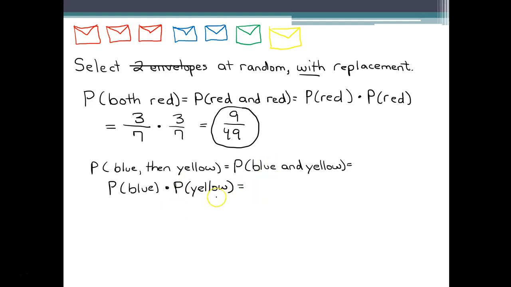So probability of blue is 2/7. There's 2 blue envelopes possible out of 7. And what we're going to assume is that you grab a blue and you go, oh cool, I got what I wanted. And then you say with replacement, put it back. And then on the next draw, probability of getting yellow is 1/7. There's still 7 envelopes because you put the blue one back. You replaced it. 2/7 times 1/7 is 2/49. So that's AND problems with replacement.